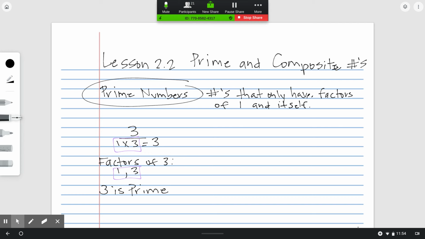Let's look at the number 13. I can multiply 1 times 13 to get 13. Can I multiply 2 times something to get 13?